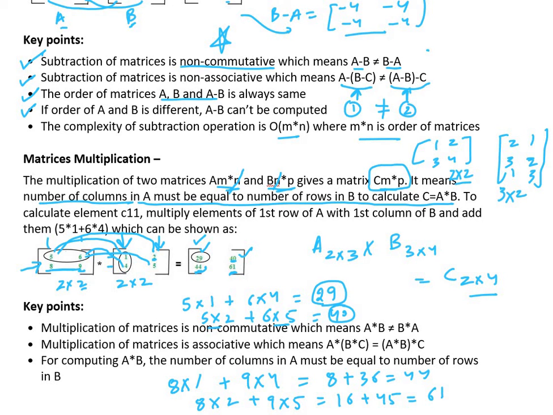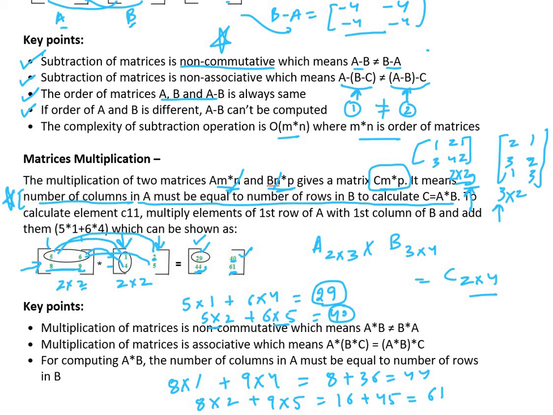So we'll have to have one more element here to perform the multiplication, because the number of columns of one matrix should be equal to the number of rows in the second matrix. Only then we can multiply, right? This is the important point we have to note here.